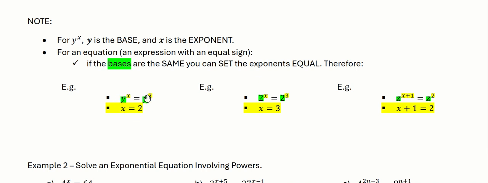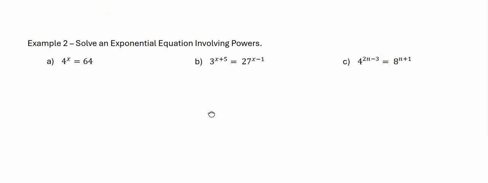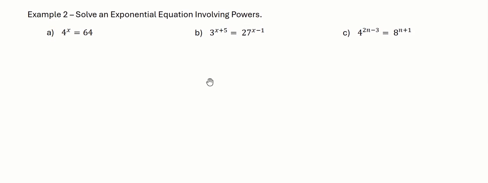When the bases are the same, then you can set the exponents equal to each other. The best way to understand it is to actually do these problems. If you just look at the answers and write the test, it doesn't really work. You have to physically do the problems to fully understand how this works.